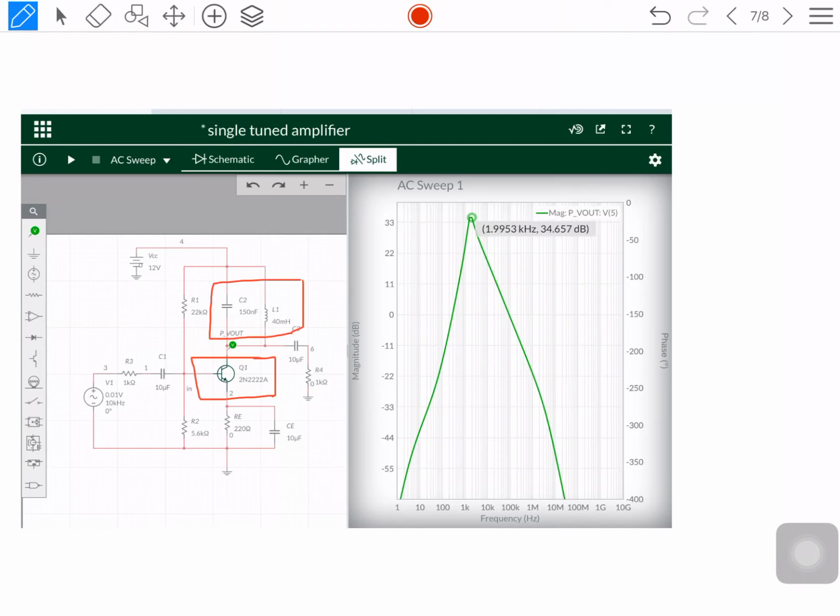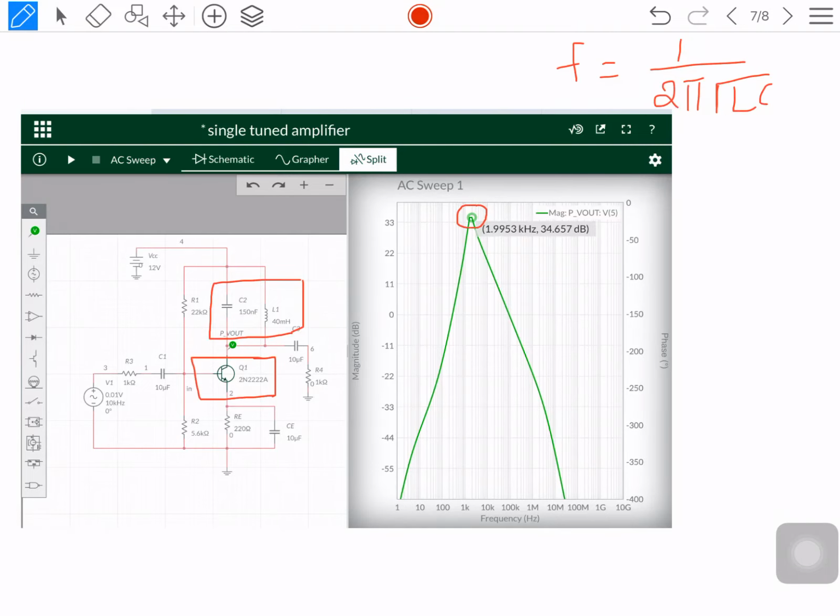At the output terminal, that is at the collector terminal, I have placed one inductor and one capacitor in parallel. Because of this 150 nanofarad capacitance and 40 millihenry inductor, I will get a center frequency at one particular point, and that is depending upon f is equal to 1 by 2 pi root LC.